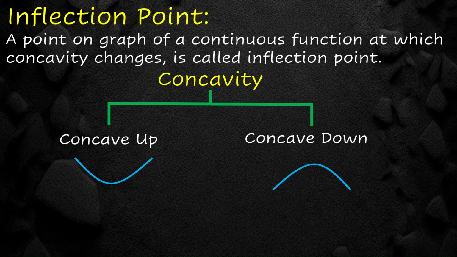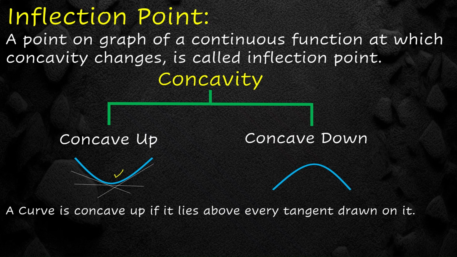For this, we draw the tangents at the curve or portion of the curve. If the curve lies above every tangent drawn to the curve, then the curve is said to be concave up. So, a curve is concave up if it lies above every tangent drawn on it.